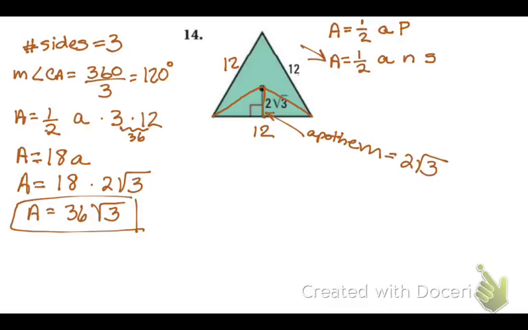But I'm perfectly happy if you just leave it as 36 times the square root of 3. In some cases that won't work, but in this case it's just fine to leave it like that. When your final answer has a root in it, if you simplify it, like we multiplied the 18 times the 2, you don't need to go any further than that. So yeah, we're good.